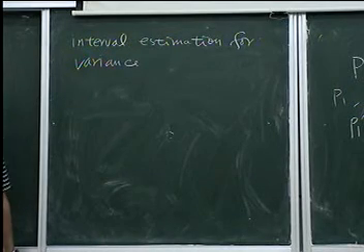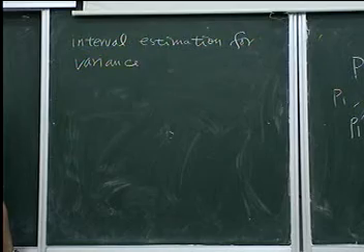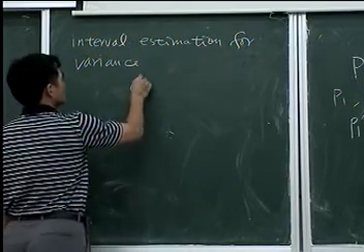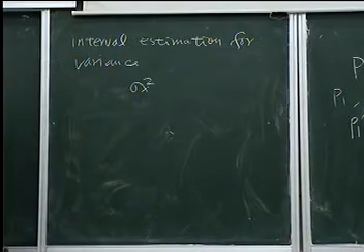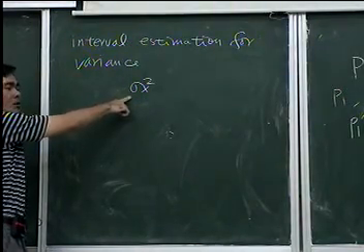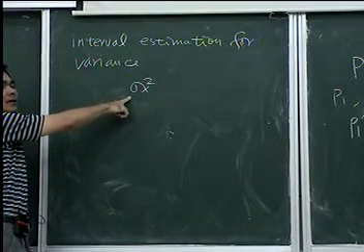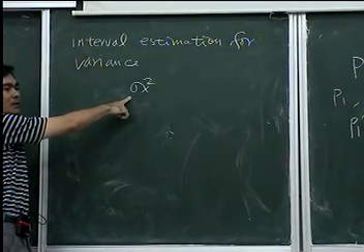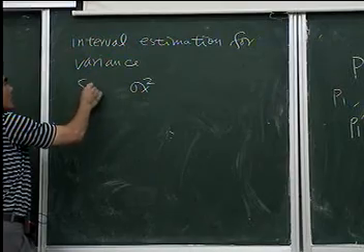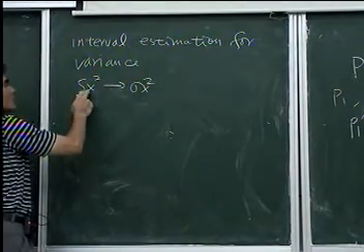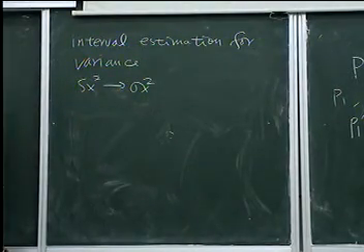Variance is equal to sigma x squared. To deal with sigma x squared, what is an unbiased estimator? The unbiased estimator for this is Sx squared. We use this one to deal with that one.